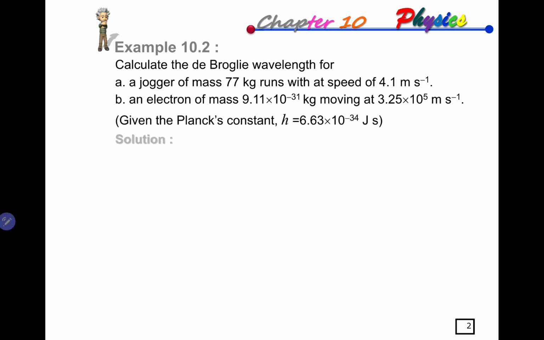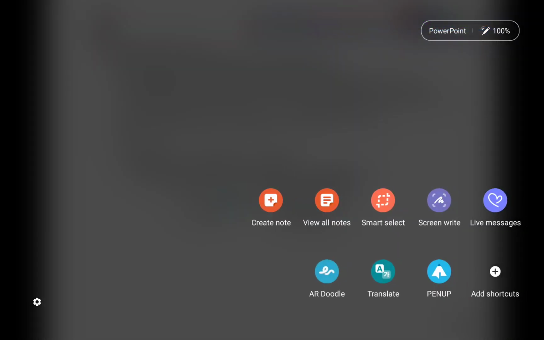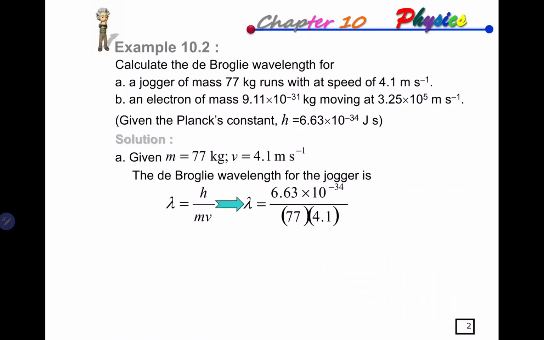For the solution, by using the de Broglie wavelength equation, lambda equals h over mv, h is already given, just replace in m and v. You will end up with lambda 2.1 times 10 to the power of negative 6 meter.